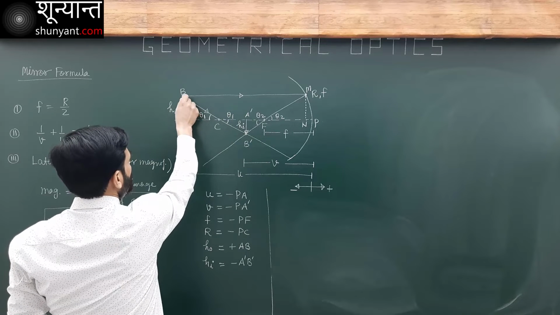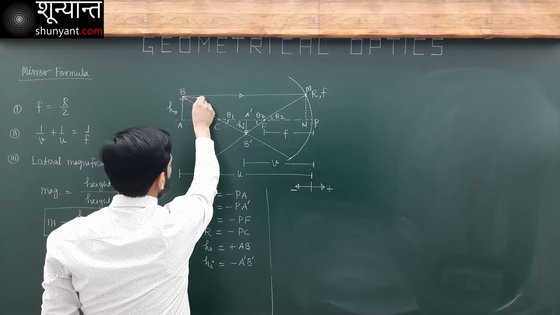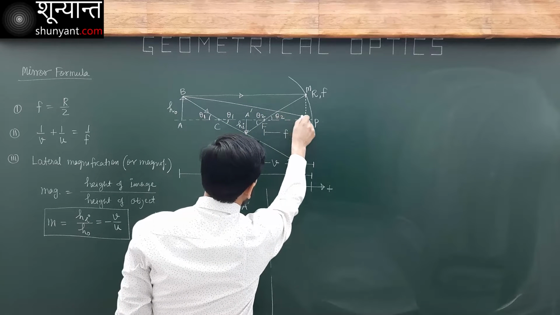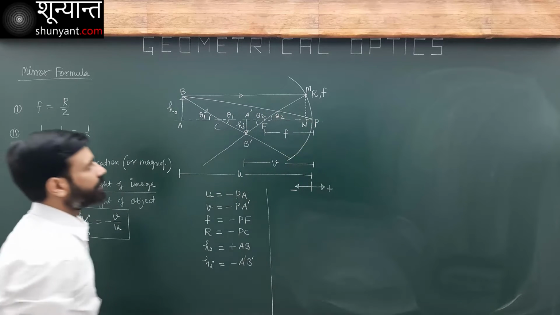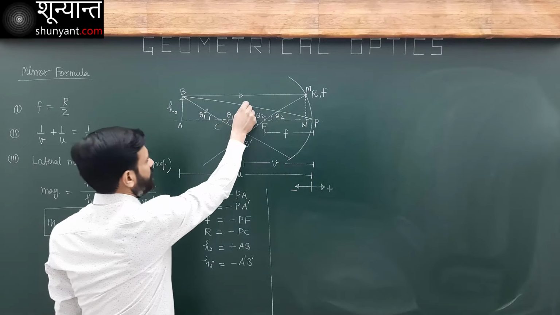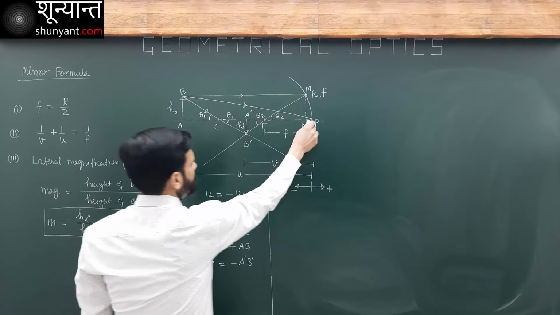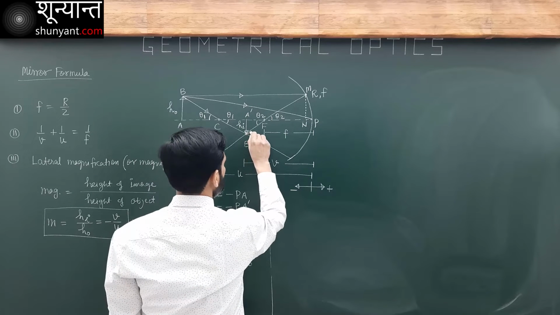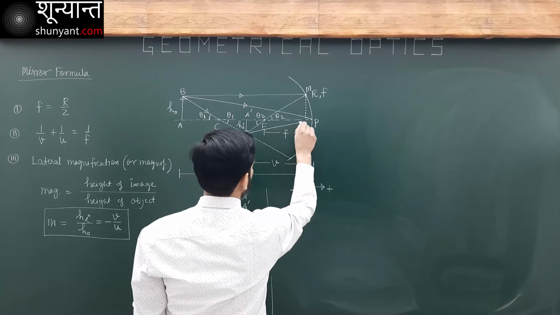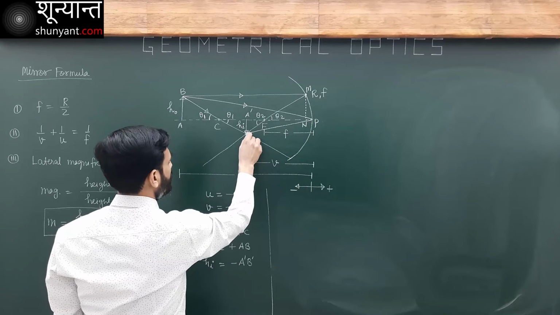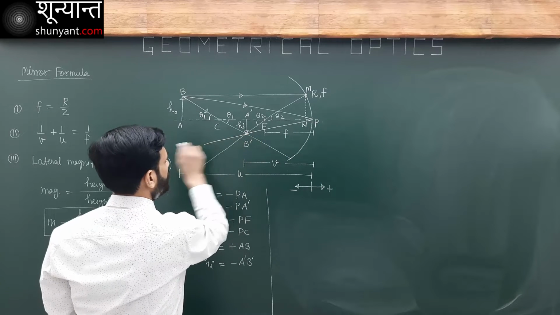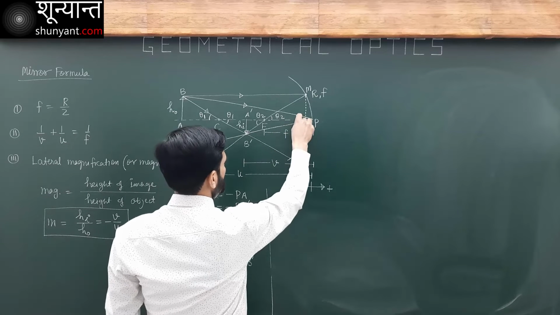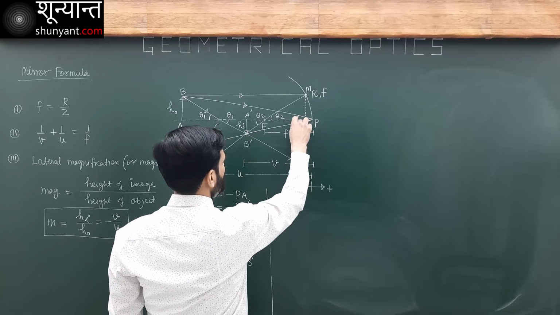If I take one other light ray here, a light ray which hits the pole, after reflection it is going to meet here. Now this angle here and this angle here, both are going to be the same.